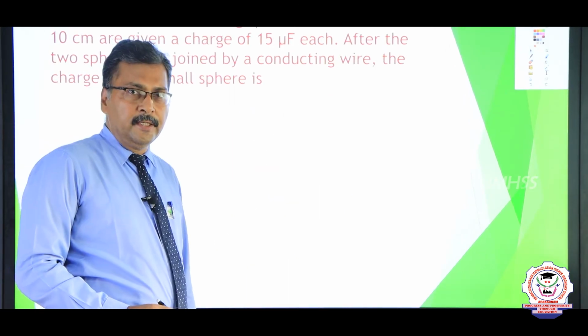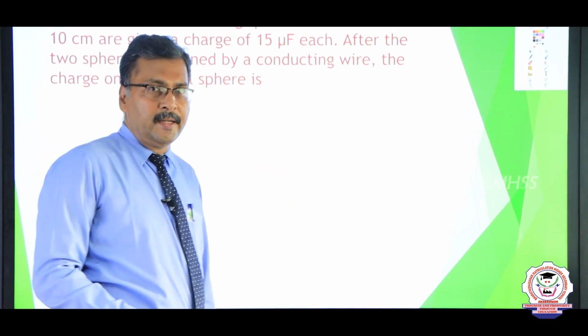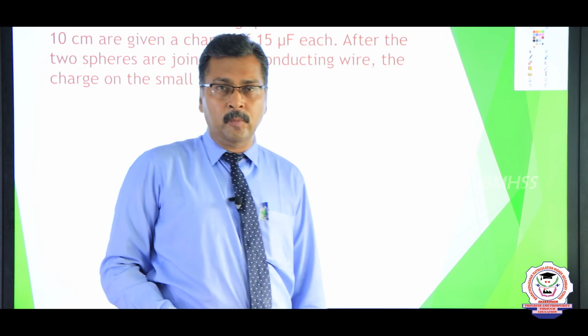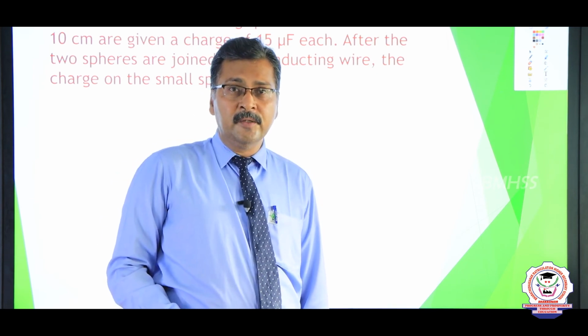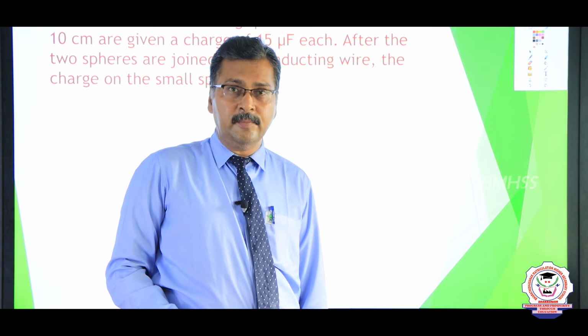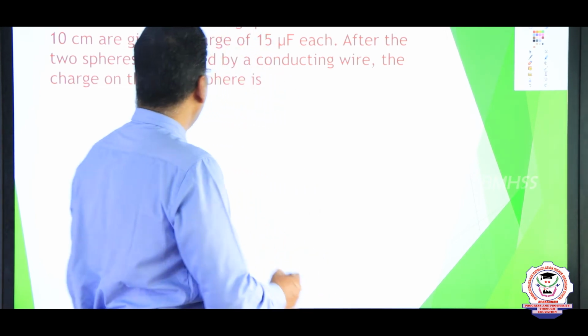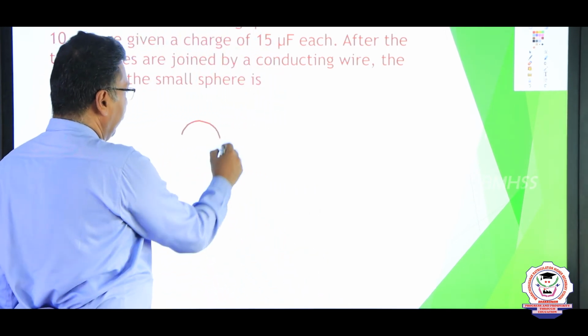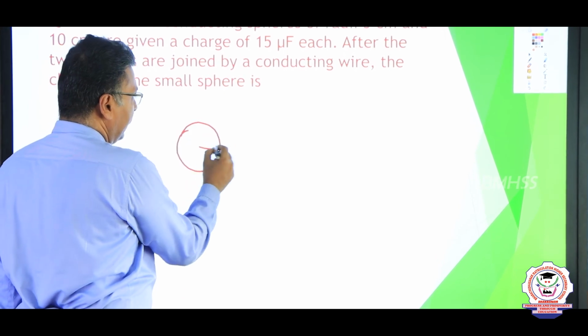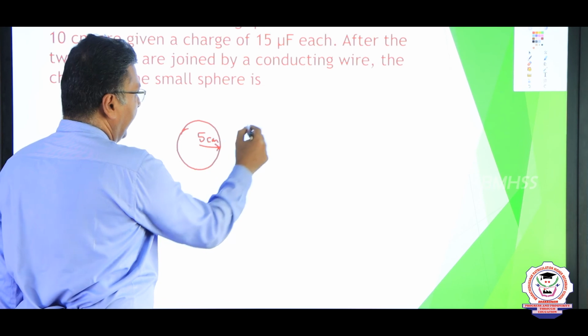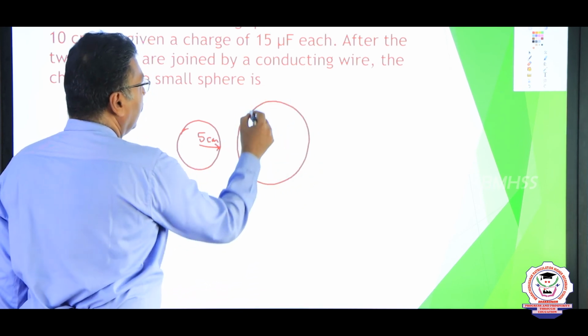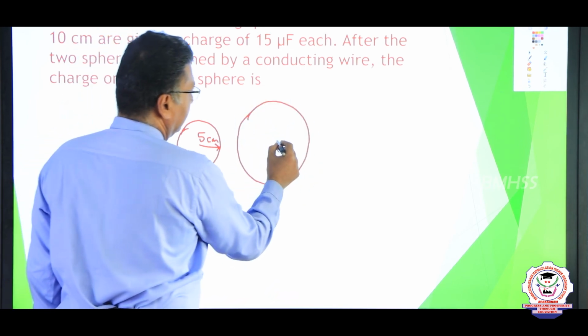We have two spheres of different radii, one smaller and one bigger, being connected by a small wire. We want to know what is the final capacitance of the smaller sphere when it is being connected. So we will see that there is one sphere of radius 5 centimeter, and there is another of radius 10 centimeter.